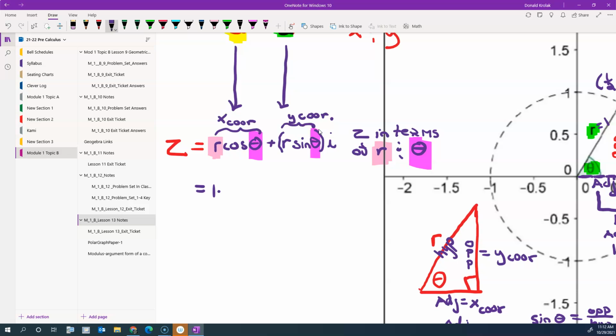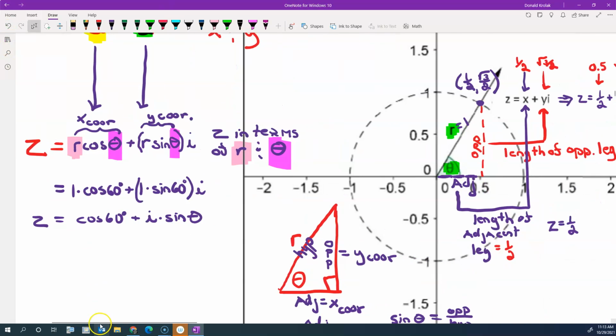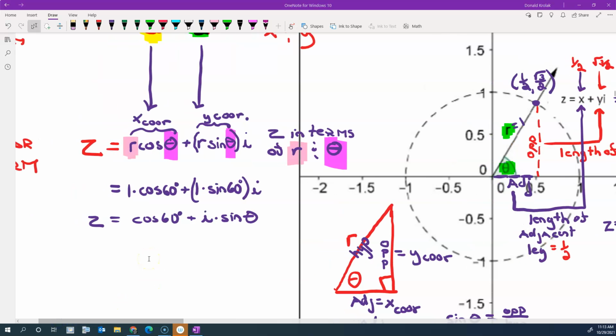So R is 1 times cosine of 60 degrees, and this would be 1 times the sine of 60 times I. Okay, if you're not sure how we got the 60, I'll write it over here on the side.